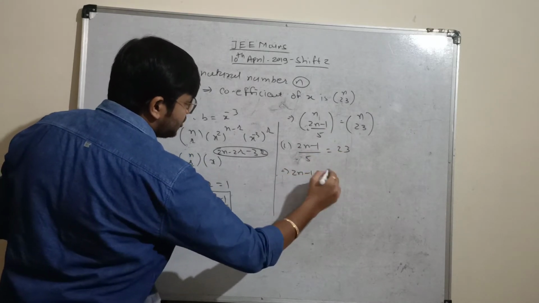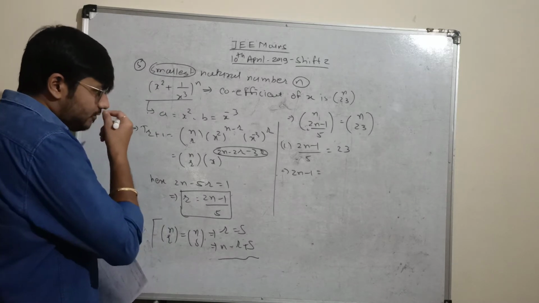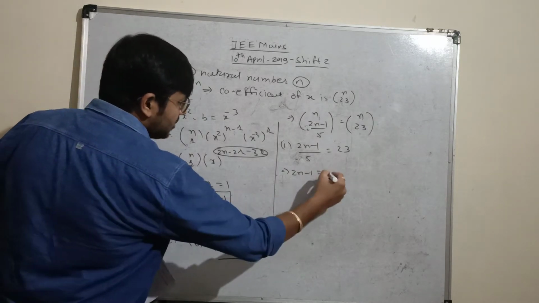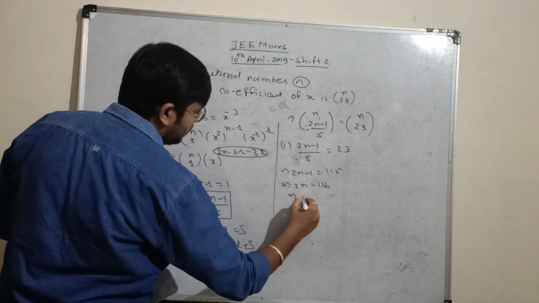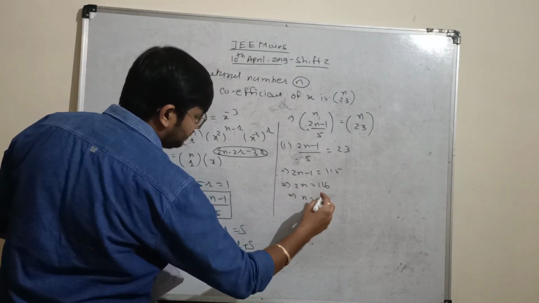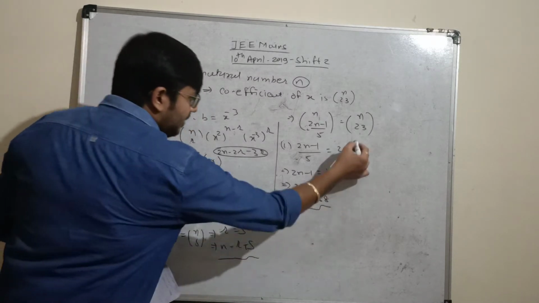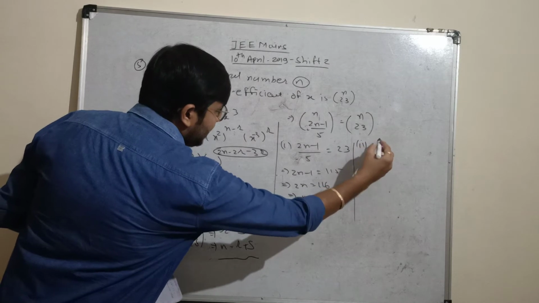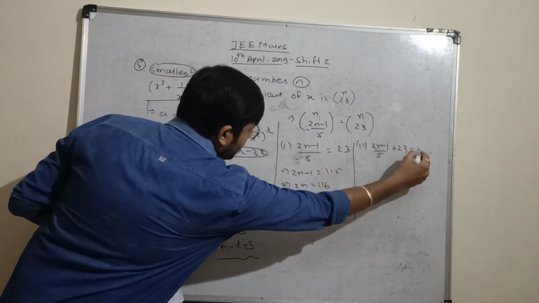So 2n minus 1 equals 23 into 5, which is I guess 115. So 2n equals 116, so n equals 58.